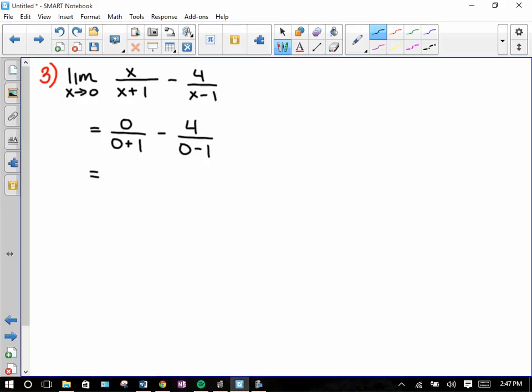Well, 0 divided by 1 is just 0, minus 4 divided by -1, that's -4. So 0 minus negative 4 is equal to 4, so that is 4. That is why you can plug stuff in at all times.